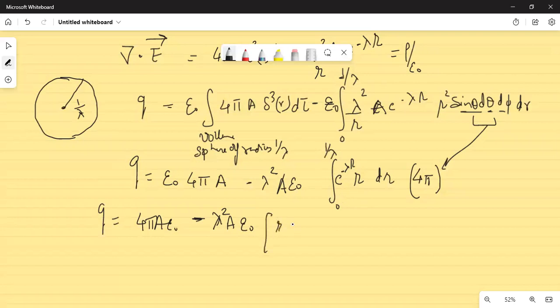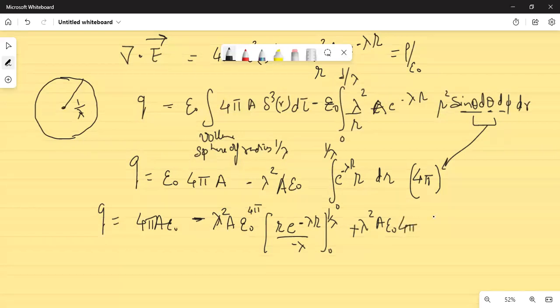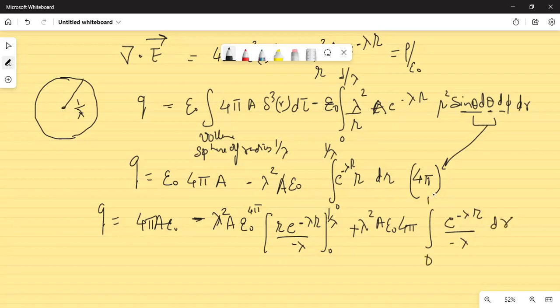If I integrate, this will become e to the power minus lambda r upon minus lambda, from 0 to 1 upon lambda, and then again plus lambda square a epsilon naught. 4 pi will also come. The integral of r has derivative 1, and the integral of e to the power minus lambda r will come as e to the power minus lambda r upon minus lambda, dr from 0 to 1 upon lambda.